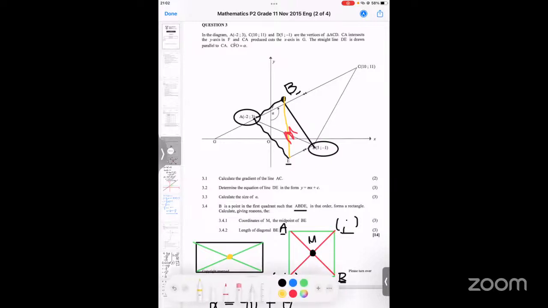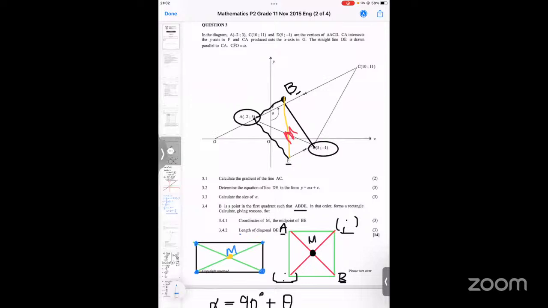So it's two things, Didelo. They share the same midpoint and they are also equal in length. Meaning from there to there is equal to from there to there.